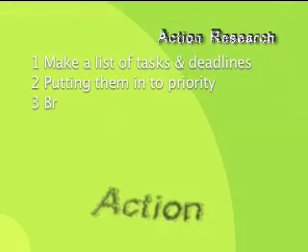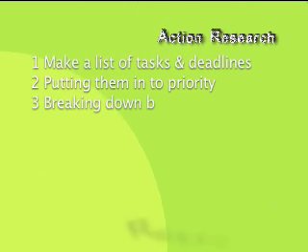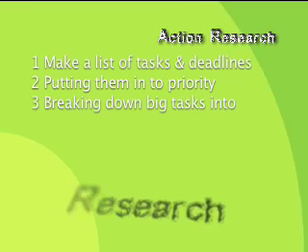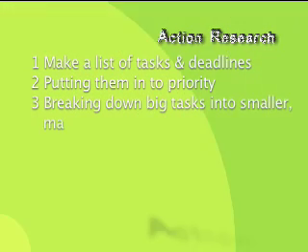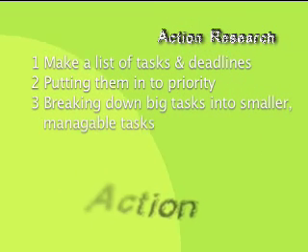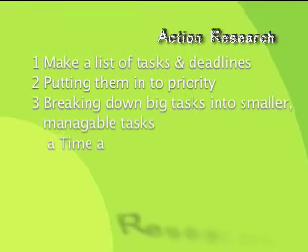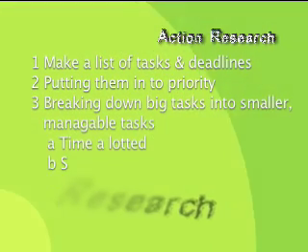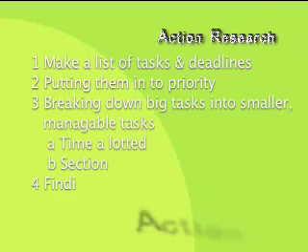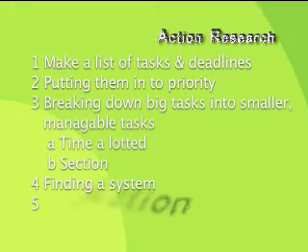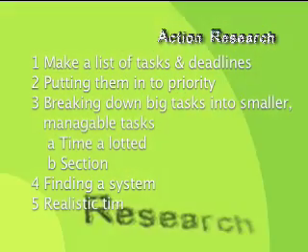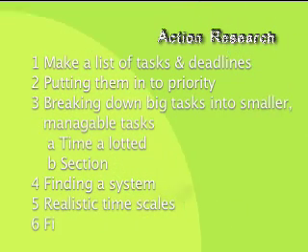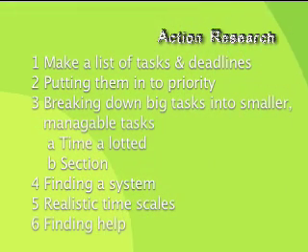Number 3, breaking down big tasks into smaller manageable tasks by either A, time allotted, or B, sections. Number 4, finding a system that works for you. Number 5, realistic timescales. And number 6, finding help if you need it.